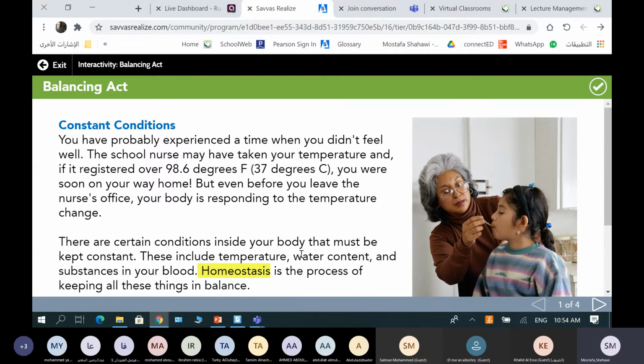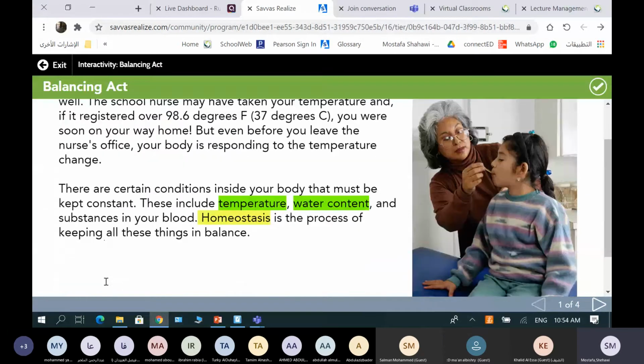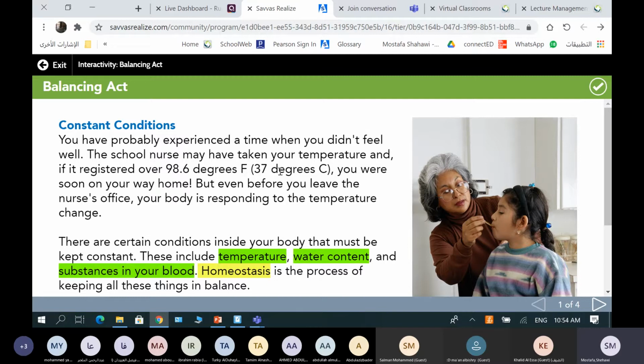Right now, inside your body, you have to keep some things stable, like temperature, water content, and some substances in your blood. Your temperature must be kept at 37 Celsius, which is 98.6 degrees Fahrenheit.